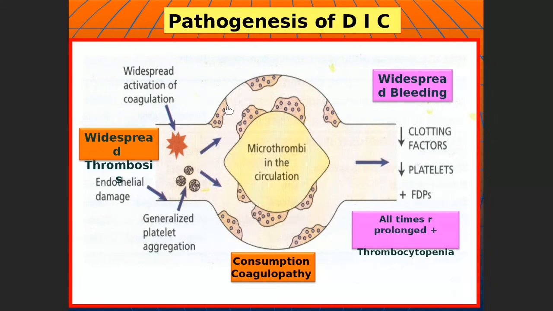As a result, you get decreased clotting factors, decreased platelets, and widespread bleeding. Increased activity of the fibrinolytic system will break fibrin into fibrin degradation products, FDPs. So all the coagulation times are prolonged, and there is thrombocytopenia together with increased FDPs in DIC.